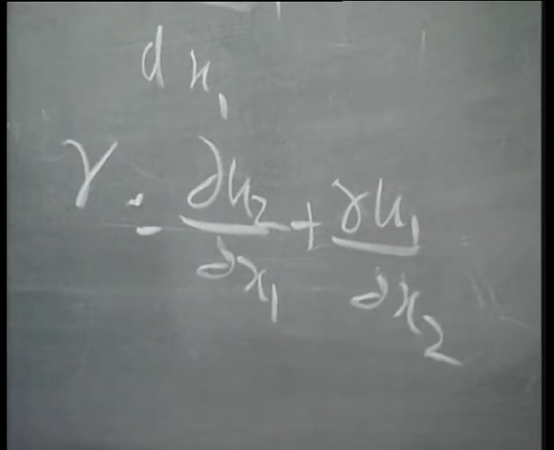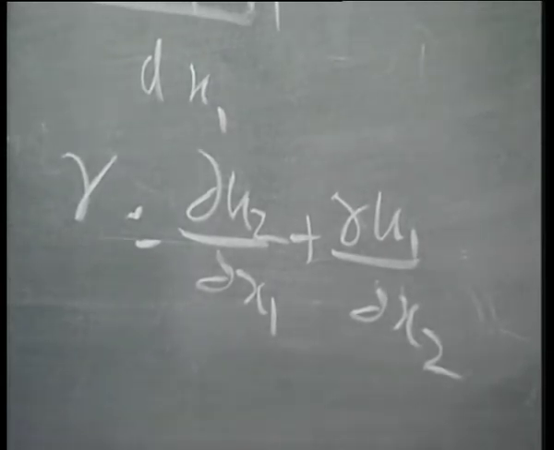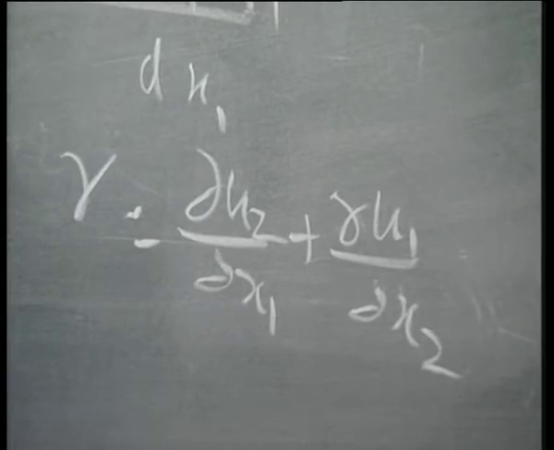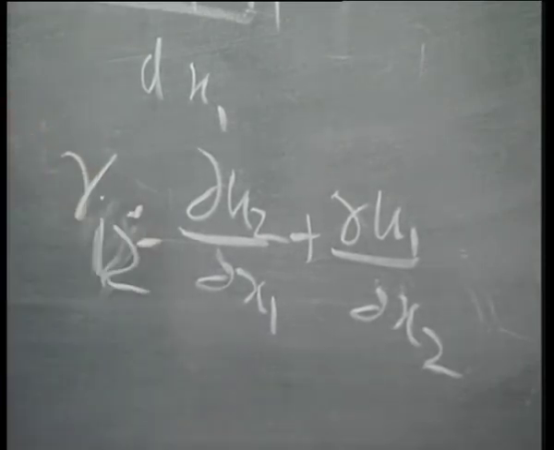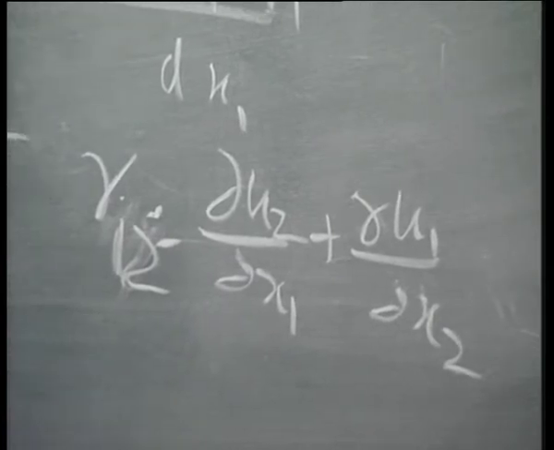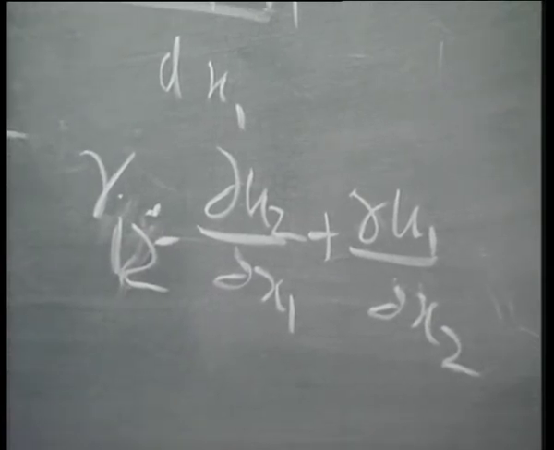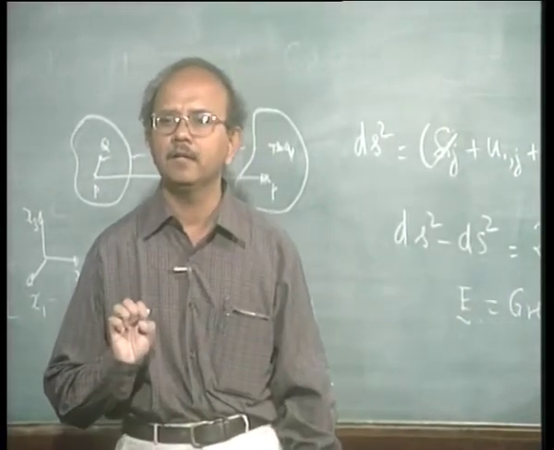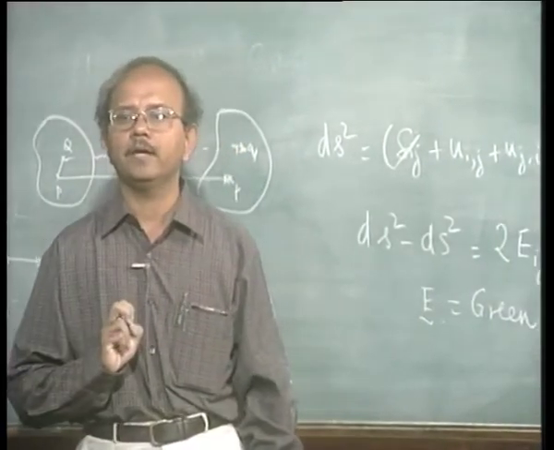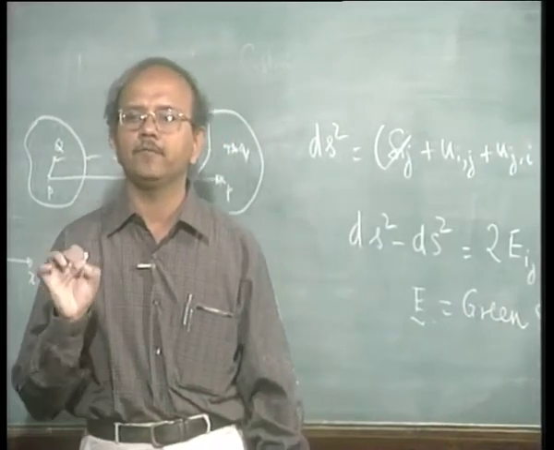Is that clear? This is how you would have defined it. Let me call this gamma 1 2, to signify that we are just in the plane 1 2. Compare this with my epsilon 1 2. What is the difference there? Half. So you have to be very careful.